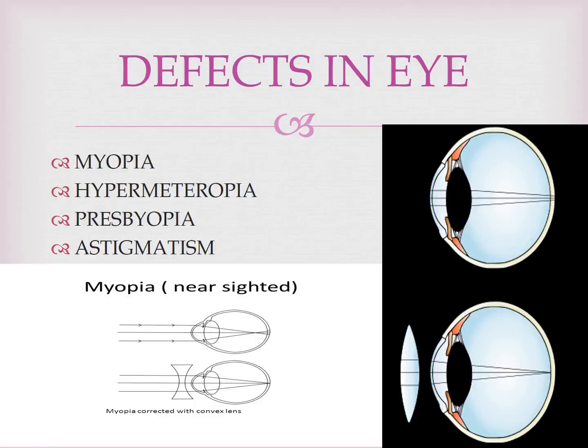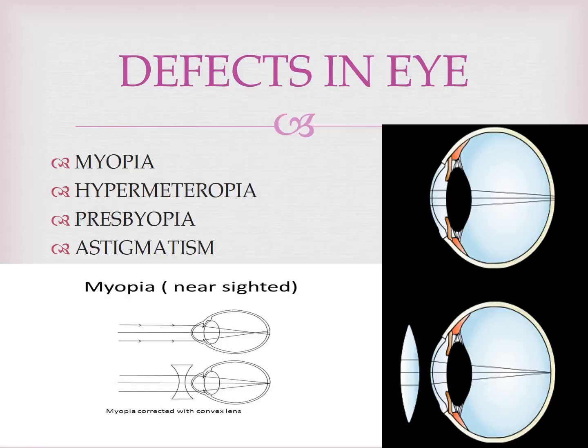This occurs due to lengthening of the eyeball. With this defect, nearby objects can be seen clearly. Short-sightedness means we can only see nearby objects. Distant objects cannot be seen clearly.